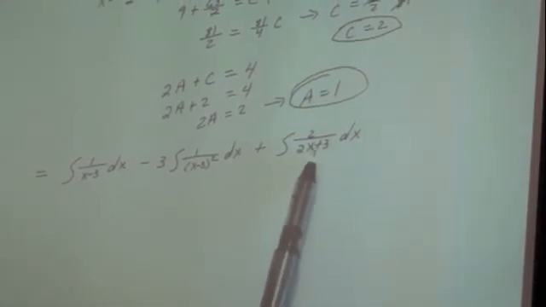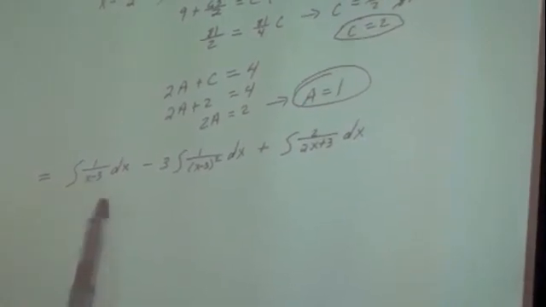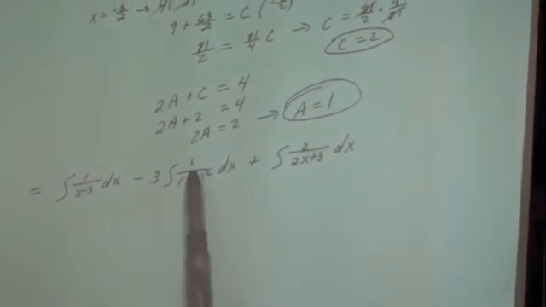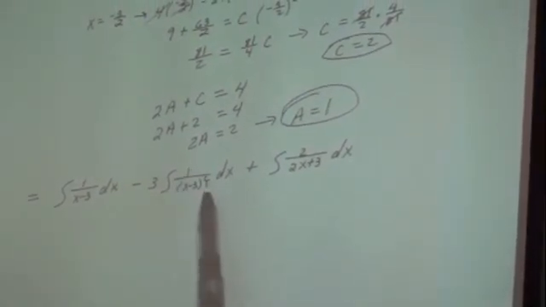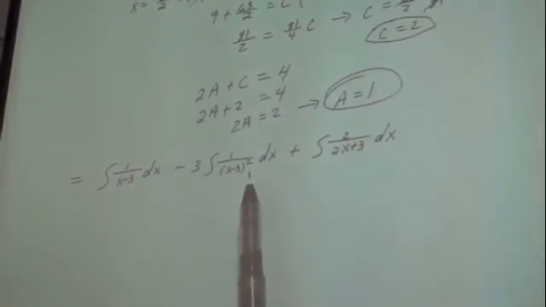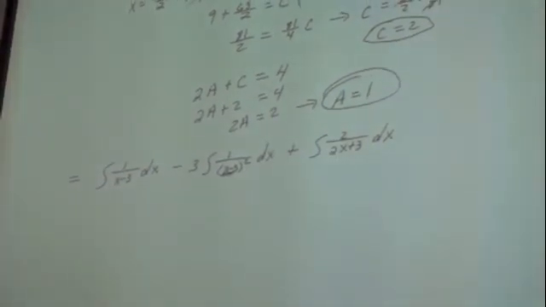So this last one is just going to be the natural log of 2x plus 3. This first one is just going to be the natural log of x minus 3. My second one is not a natural log because the degree difference in the numerator and denominator is 2. What I can do on that is like what Jordan was talking about earlier in class. That's just the integration chain rule. I have a linear function to a power.